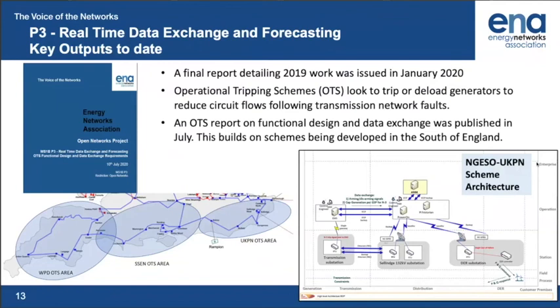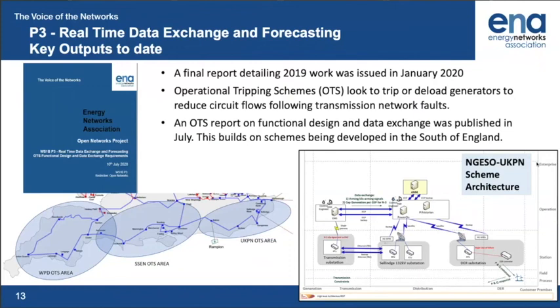There are then also the secure links, the so-called ICCP, or Inter-Control Center Protocol links, from control center to control center, which are needed to exchange information as to what generation might be available to be tripped or reduced, and how much generation the NGESO might want to call on at a particular time.